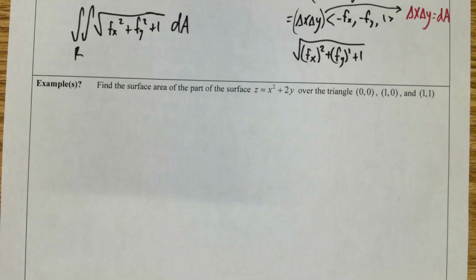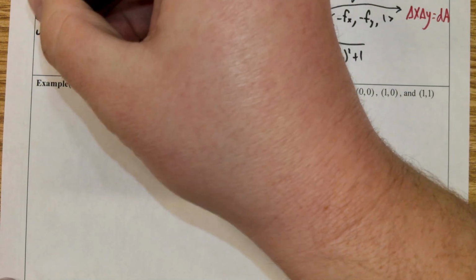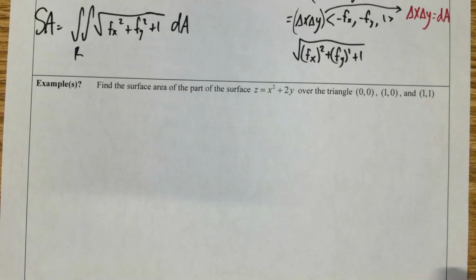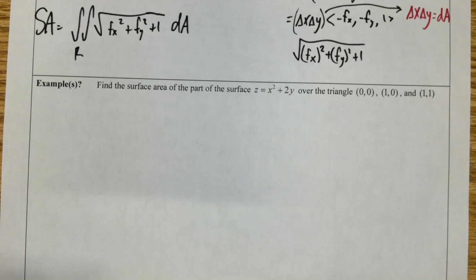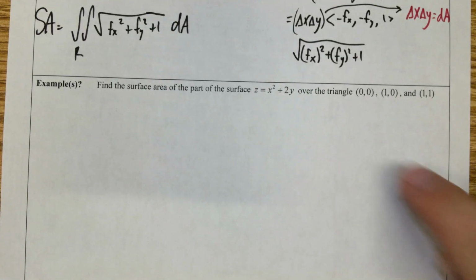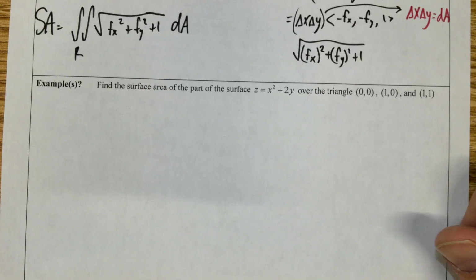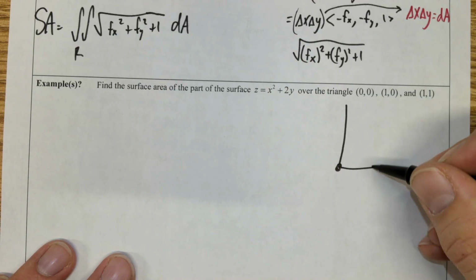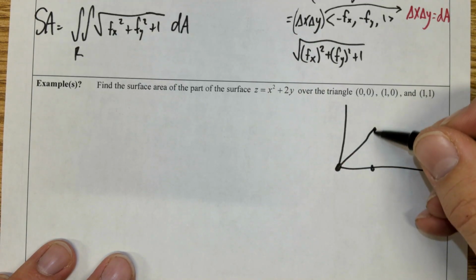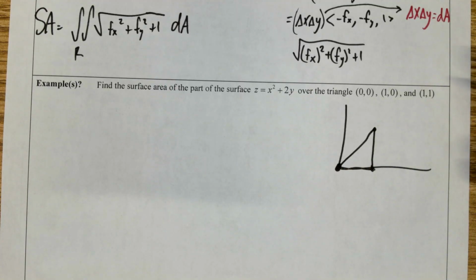Now that we've established this formula, let's go. Find the surface area of the part of this surface over this triangle. So I have some kind of parabolic with a little bit of a line to it, and a triangle, and I'm just looking for that surface area. Again, it's good to sketch a region just so we see it: (0,0), (1,0), (1,1). All right, I see this.